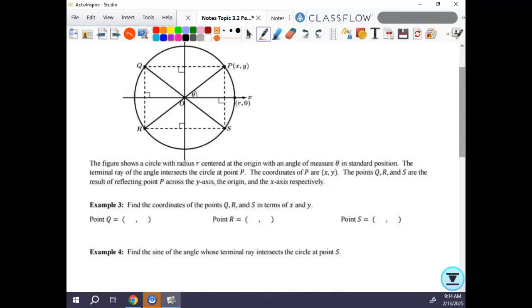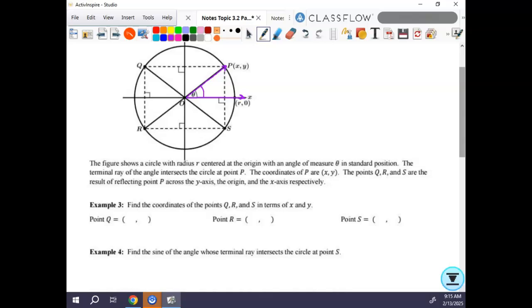So this says, the figure shows a circle with radius r, centered at the origin with an angle measure of theta in standard position. The terminal ray of the angle intersects at point P. So here is my angle that it's talking about. Here is theta. The coordinates of P are x, y, and they're already labeled for me. Points Q, R, and S are the result of reflecting across the axes, right?